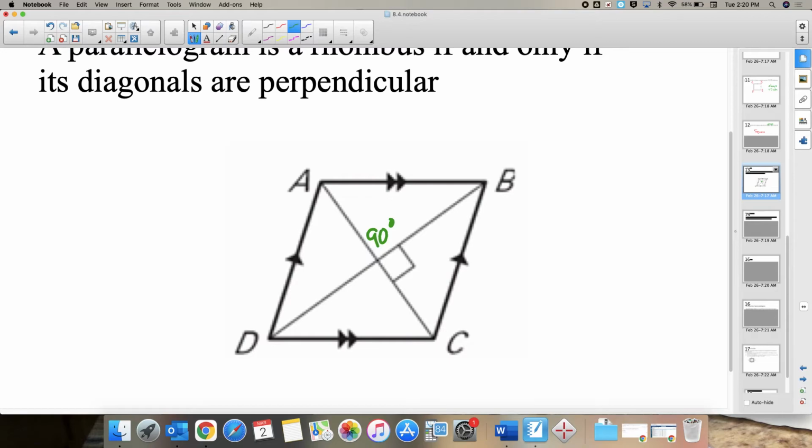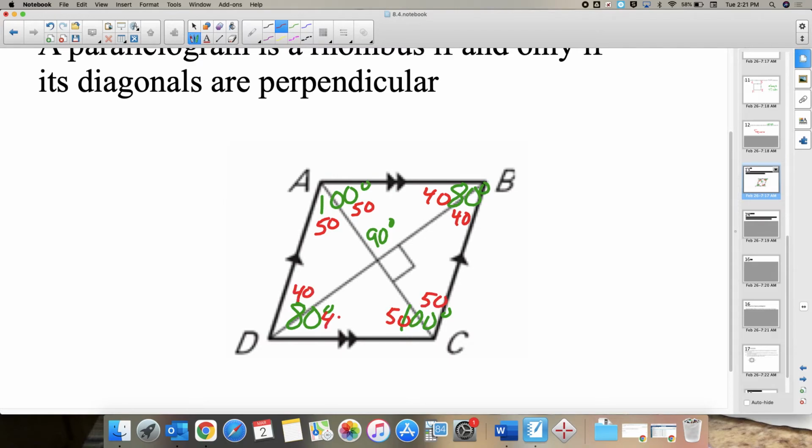Another idea for a rhombus talks about these opposite angles. Maybe this angle A was 100 degrees to start with. That would mean that angle B was 80 degrees, angle C was 100 degrees, and my big angle ADC here would be 80 degrees. Your diagonals are going to cut these angles in half, meaning this will be 50 and 50, 40 and 40, 50 and 50, 40 and 40.